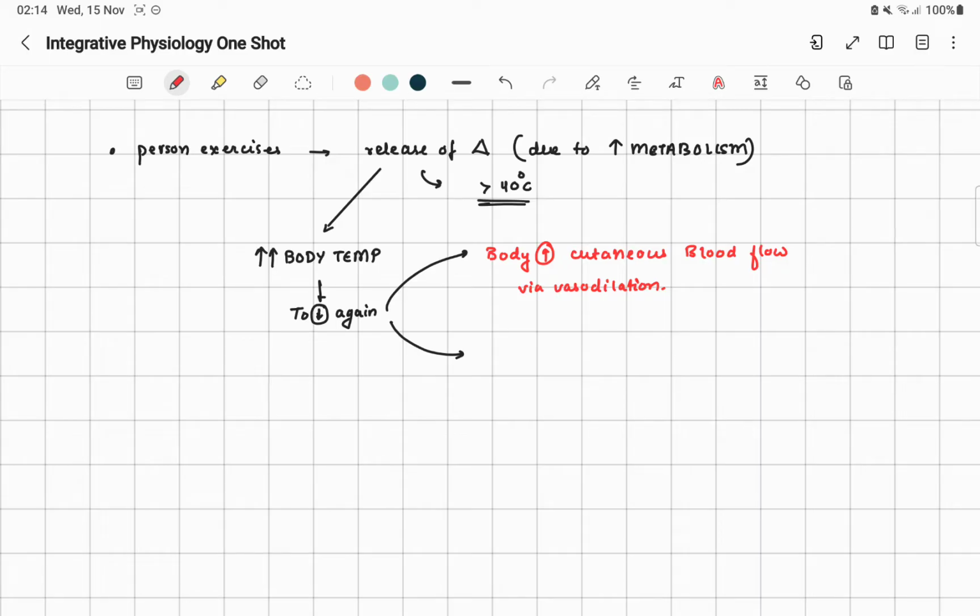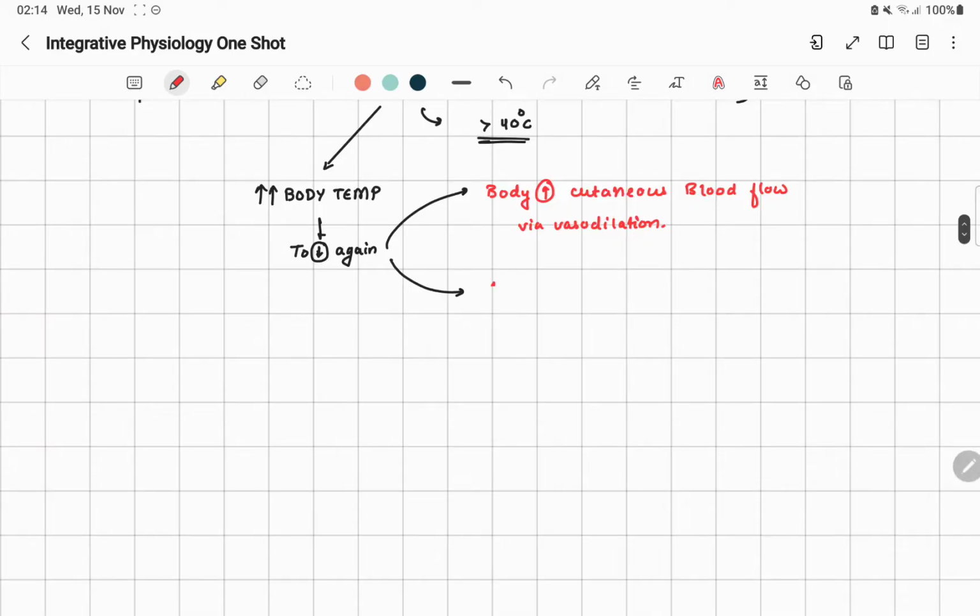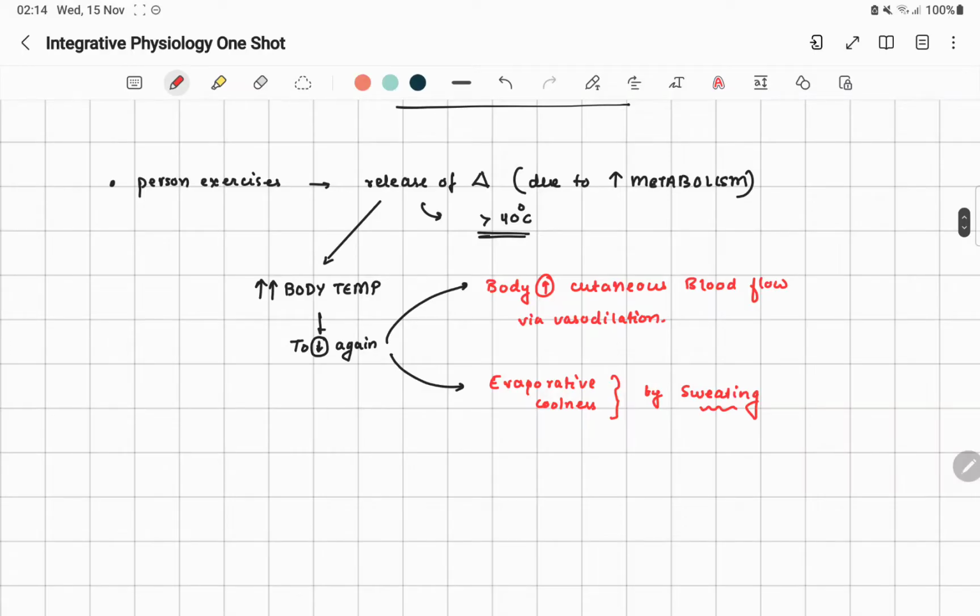And also we practice evaporative cooling by sweating. So there is increased sweating when you exercise in the gym.